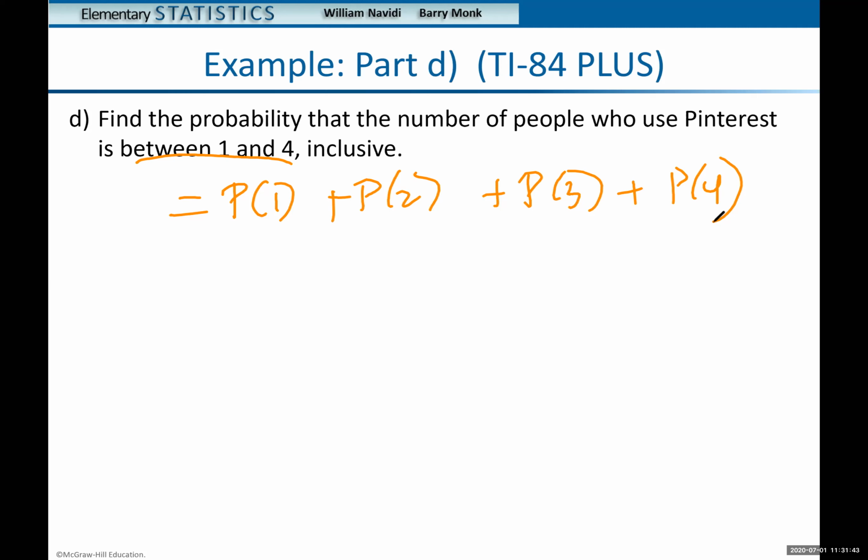If I give you this problem, how are you going to compute these probabilities between 1 and 4?